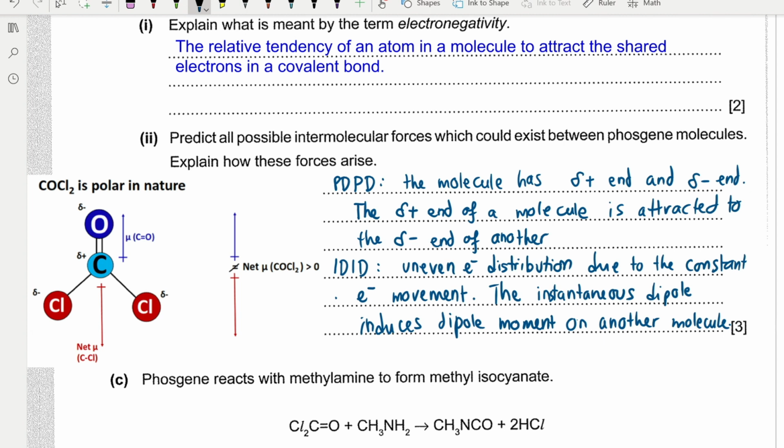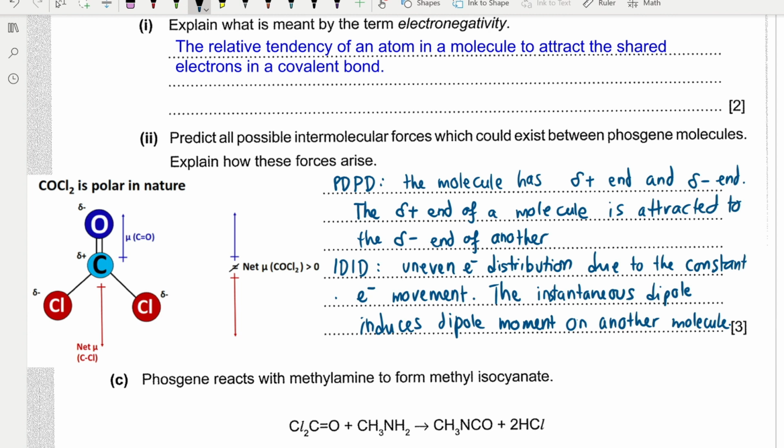All right, so all molecules have electrons, and electrons are never still. They always move constantly. So when they move, at one point of time, it happens that one side of the molecule has more electron density than the other side, and this creates what's called the instantaneous dipole.